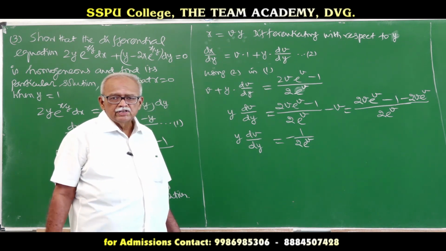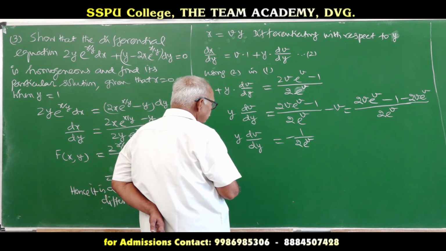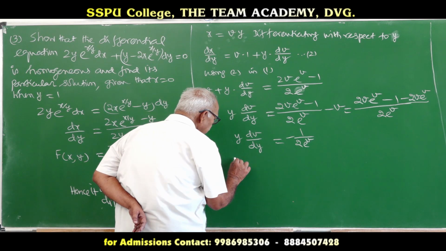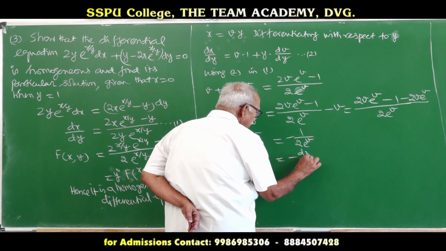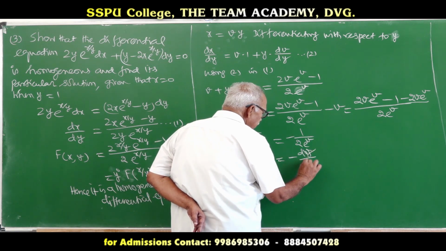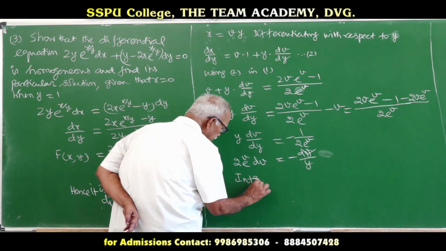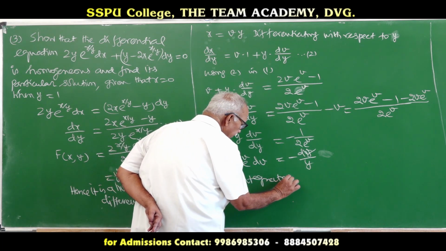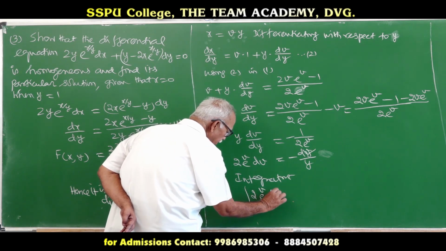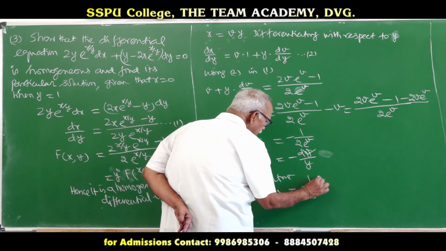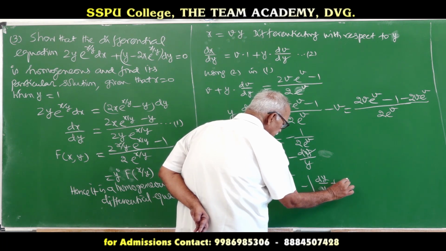Now y and v terms are there, separating the variables. So separating the variables, 2 e power v dv is equal to minus dy by y. Integrating, integral 2 into e power v dv is equal to minus integral dy by y plus c1.